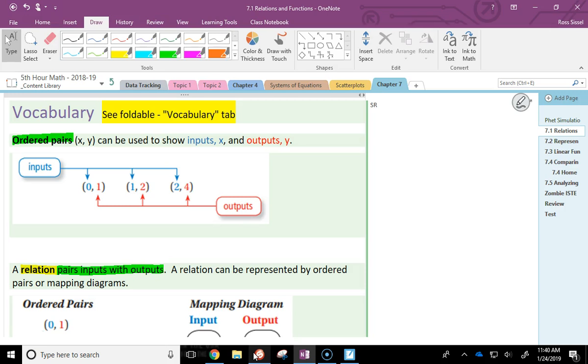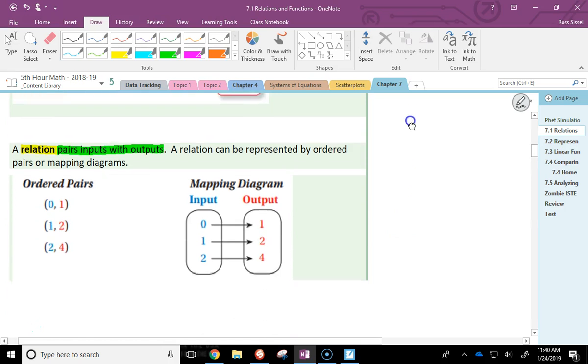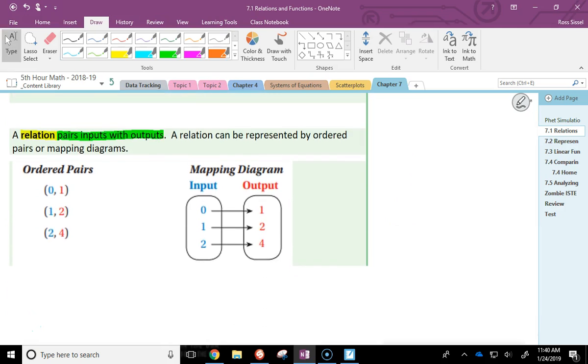So my input is 0, 1, 2. Output would be my Y's, 1, 2, and 4. Relation pairs inputs with outputs. So a relation puts the inputs with the outputs. A relation can be represented by ordered pairs or mapping diagrams.